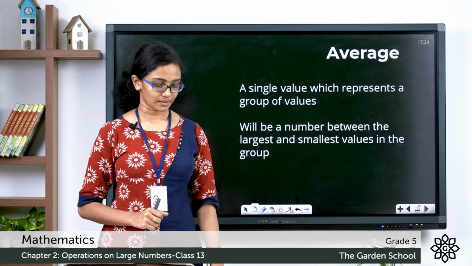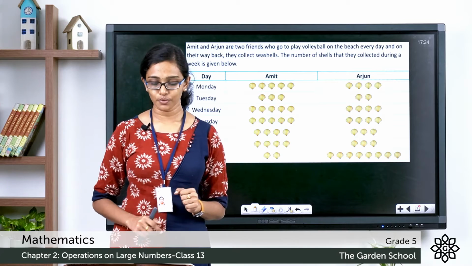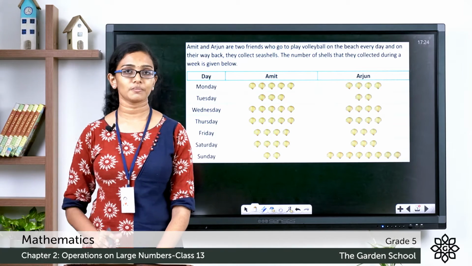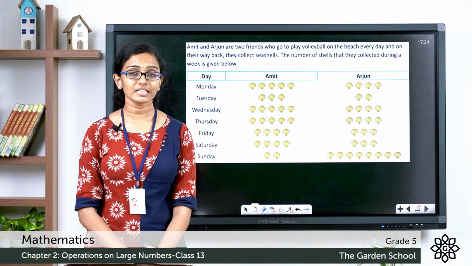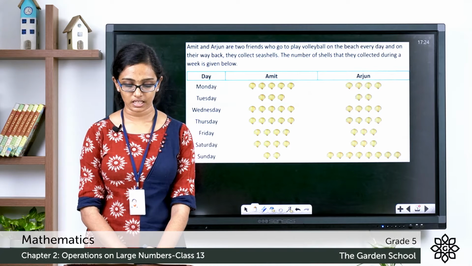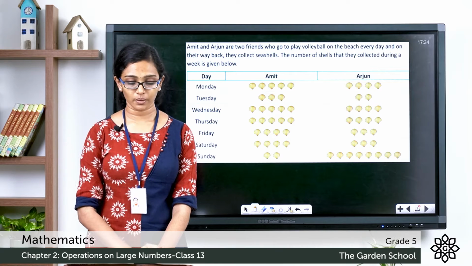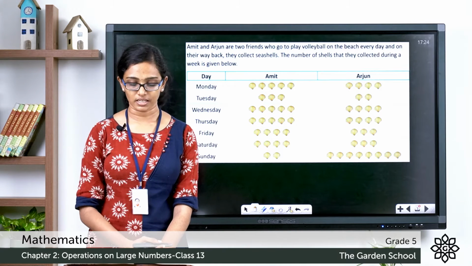Let's see that with an example. This is an example from your textbook. You can see that on page number 29. It is given in the question that Amit and Arjun are two friends who go to play volleyball on the beach every day and on their way back they collect seashells.